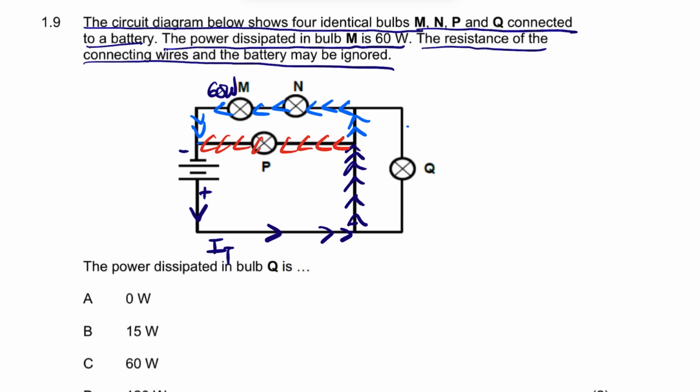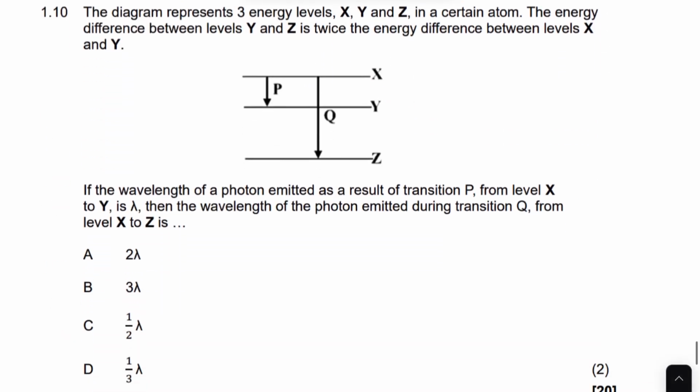So this one has 0 watts, 0 voltage, 0 current, right? Now it says the power dissipated by bulb 2, which is exactly this one, is what? It is 0. So the answer is A there, right? I hope I do make sense.